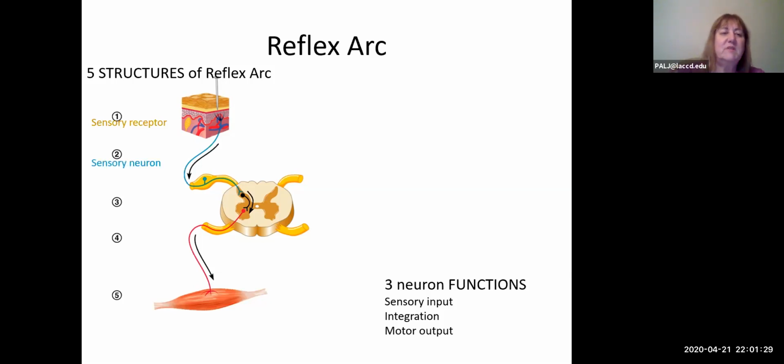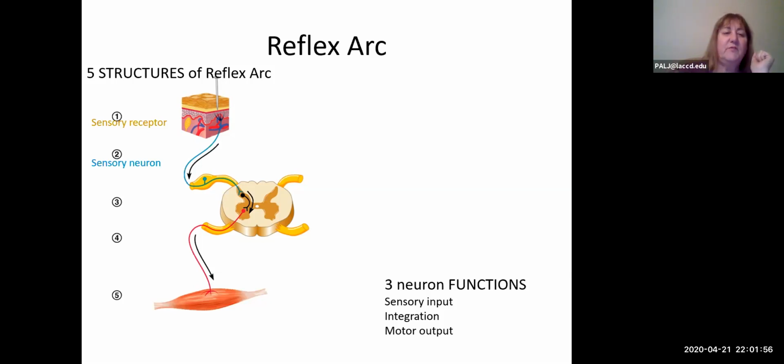From the sensory receptor, we will have a sensory neuron whose dendrites now are carrying the message, goes to the cell body, and from the cell body, the incoming messages will then exit through the axon, which carries it to the central nervous system. So that's what this blue neuron is. The color codes are going to match the picture.